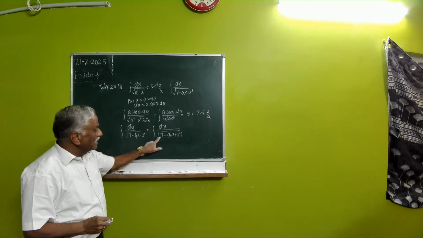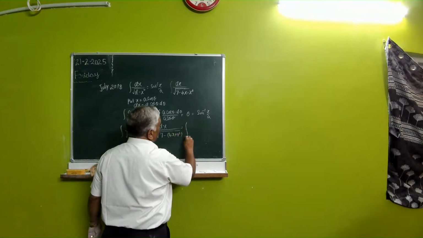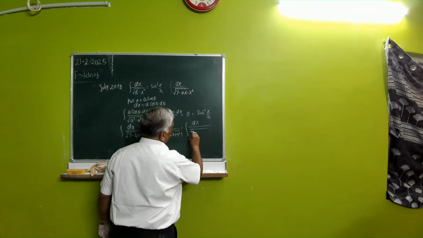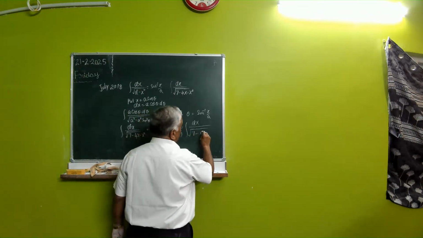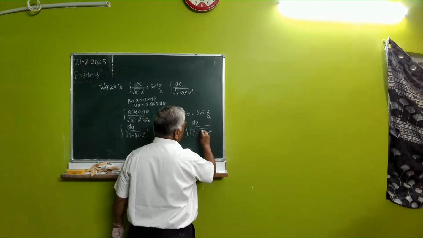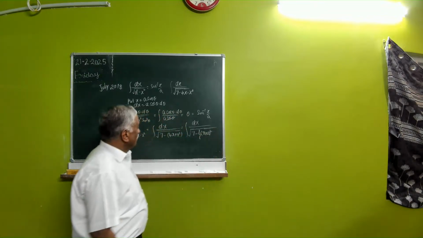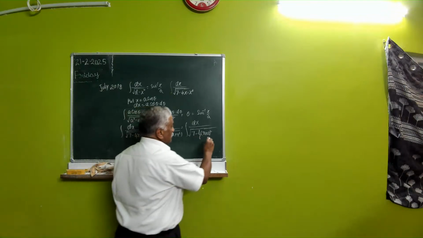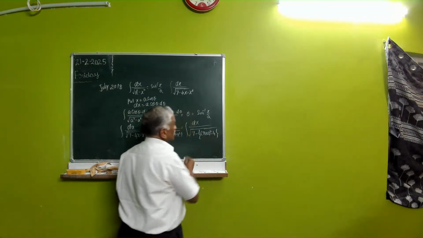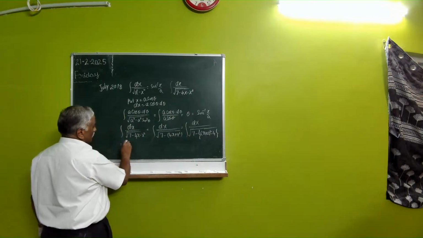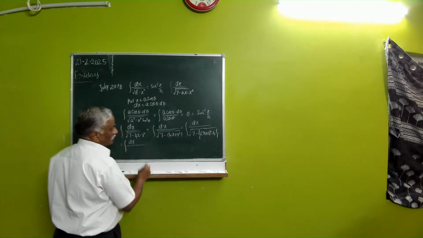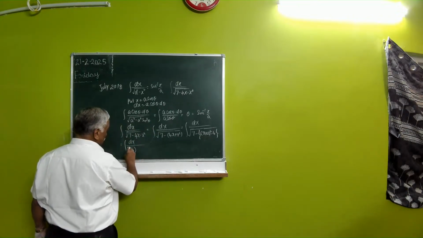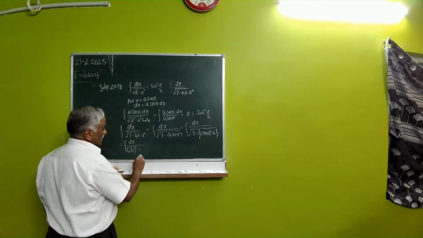Taking the minus sign common, then I will complete the square. dx over root of 7 minus x plus 2 whole square. x plus 2 whole square is going to be x square plus 4x plus 4. So I should subtract that 4. So what will happen? dx over root of, this minus 4 will become plus 4. So I will write it as root of 11 whole square minus x plus 2 whole square.